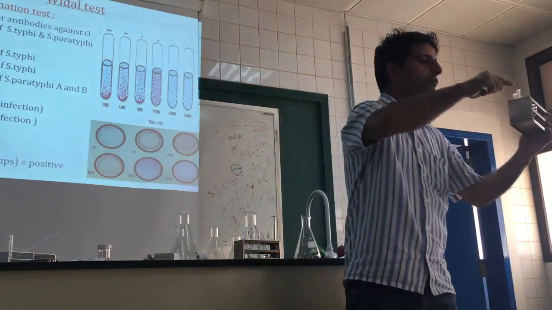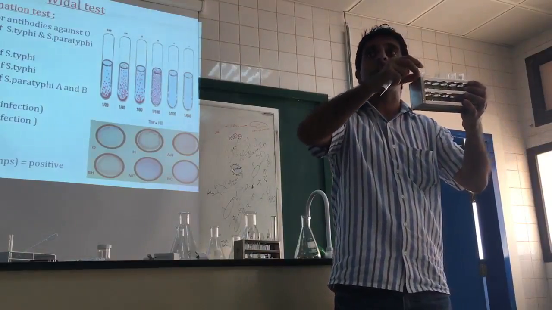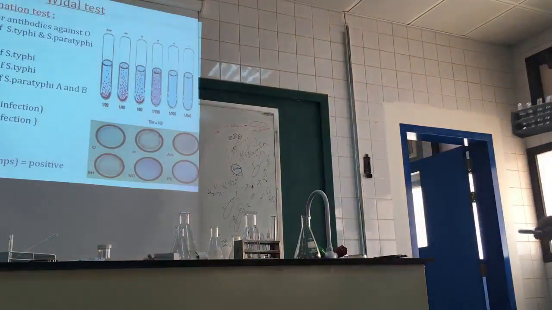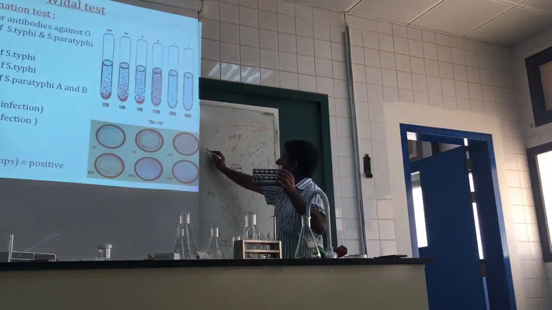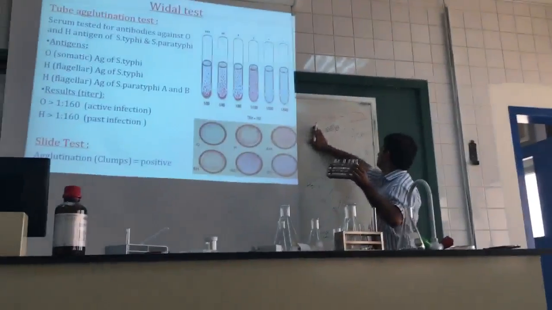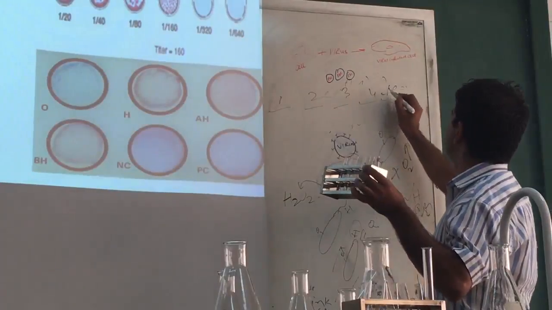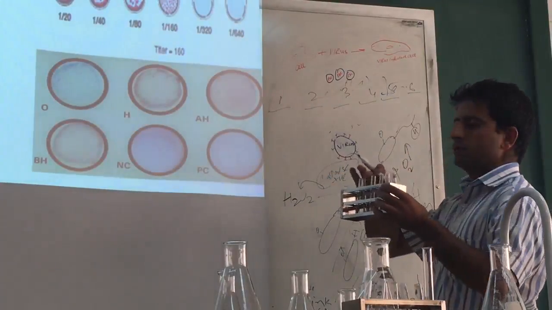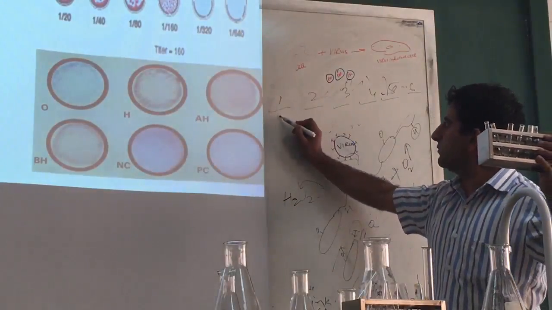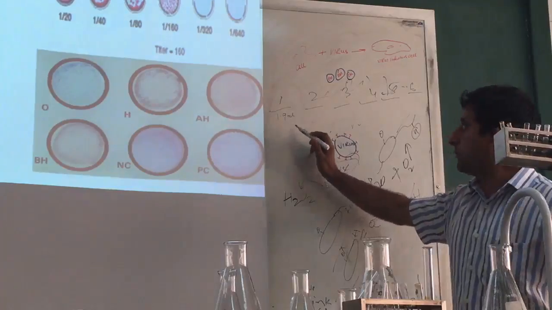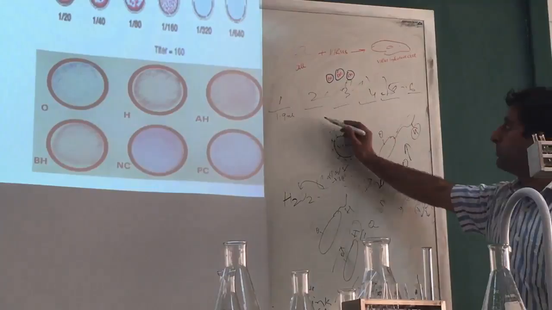So we will take isotonic normal saline here. In tube number 1, we put normal saline 1.9 ml. From tube number 2 to tube number 6, we put 1 ml.